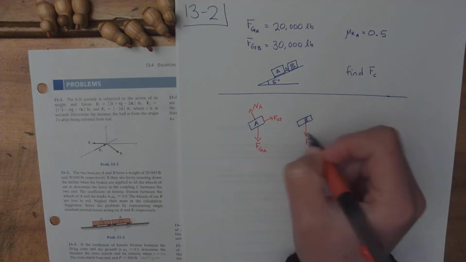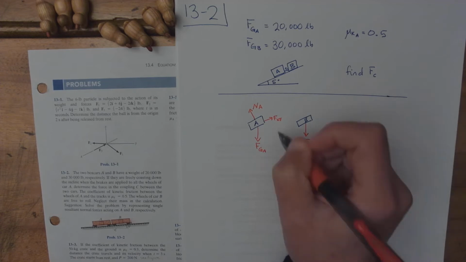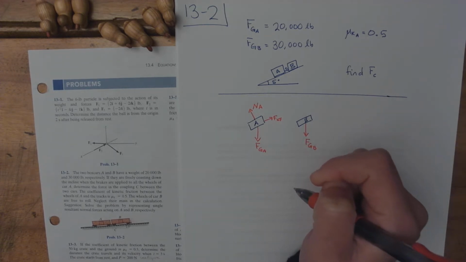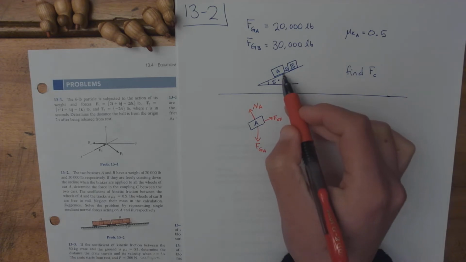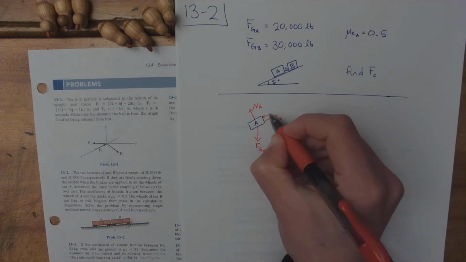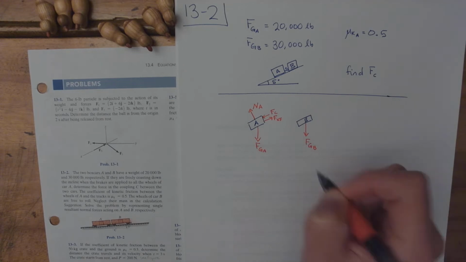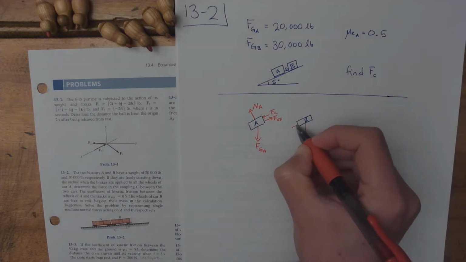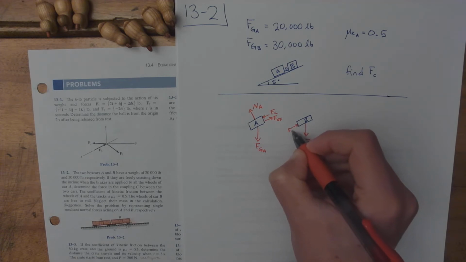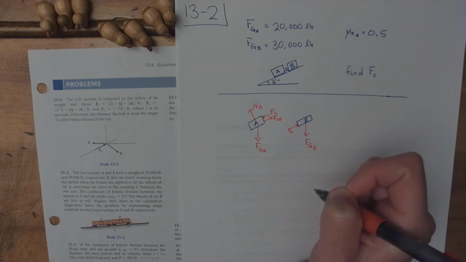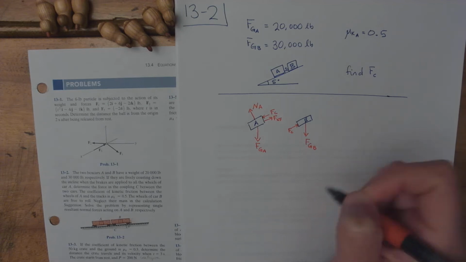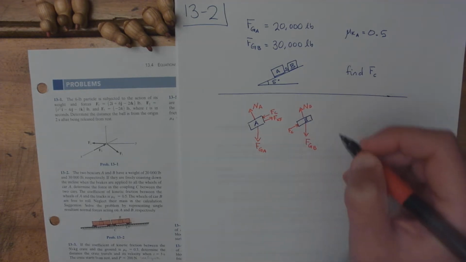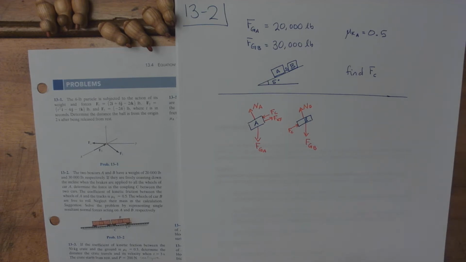We do not have a frictional force acting on car B, so I don't need to put a subscript A on there. What else is touching car A? Well, coupling C is touching car A, so we have the force from C, and that's it. Now we can move on to car B, and we also have the force of C acting on B, and we have a normal force, which is perpendicular to the surface, and there's no frictional force, so that's it.